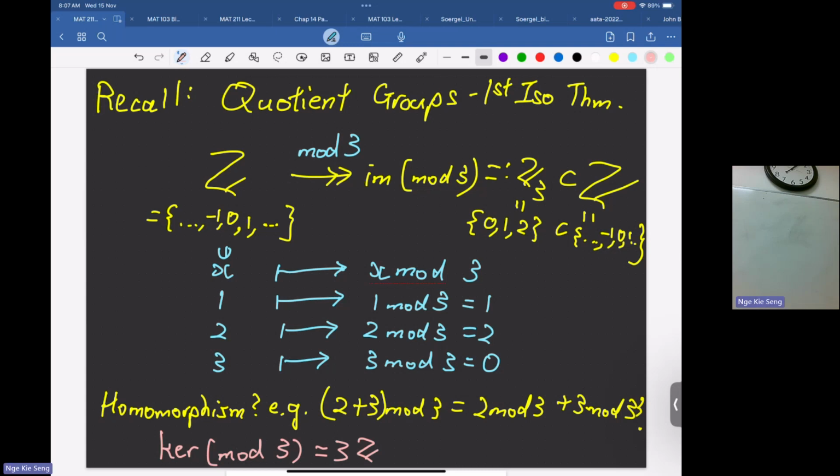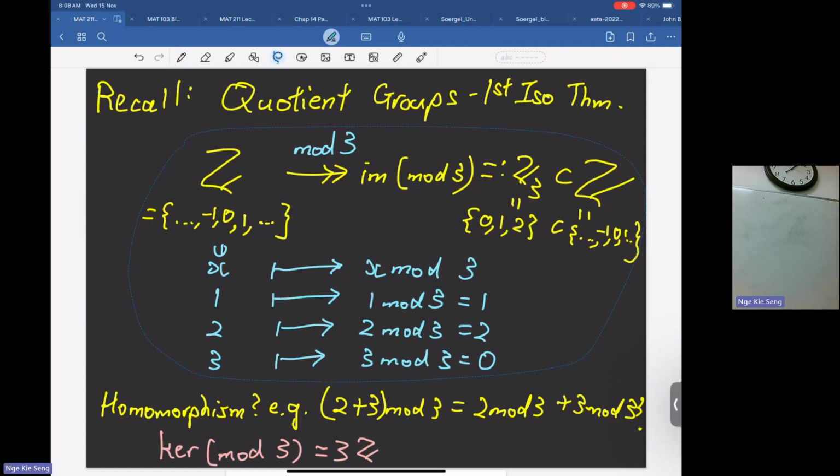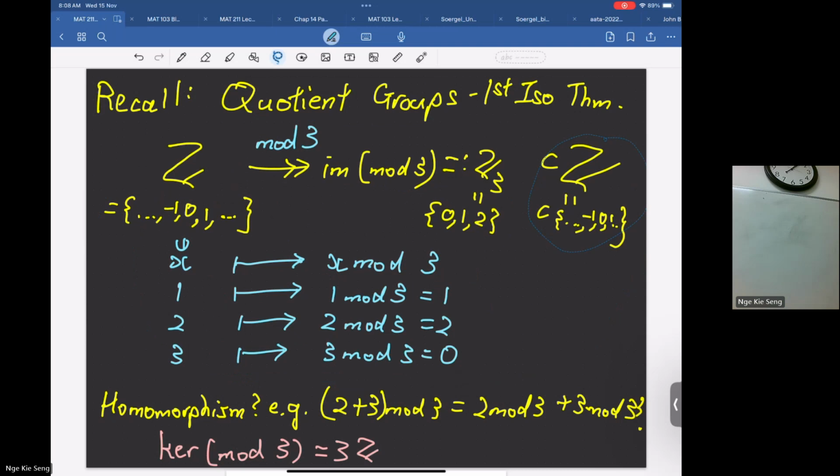I need to consider addition up to mod 3. So let me put the group structure up so that everyone knows what's going on. The group structure here is plus mod 3, plus in the mod 3 sense.